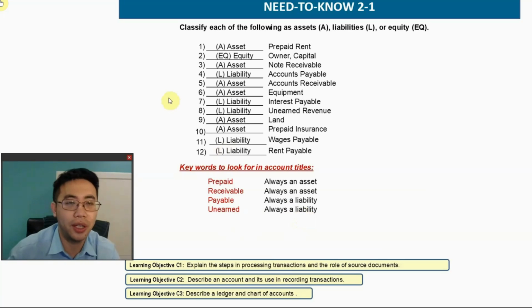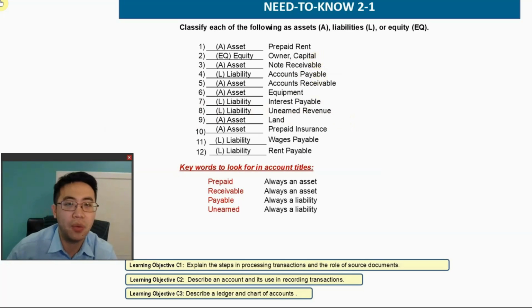So here is the key. Prepaid rent and notes receivable are assets. The payables, like accounts payable and interest payable, are liabilities, and so are wages payable and rent payable. And unearned revenue, which is item 8, is a liability. The equity part is pretty easy to figure out.